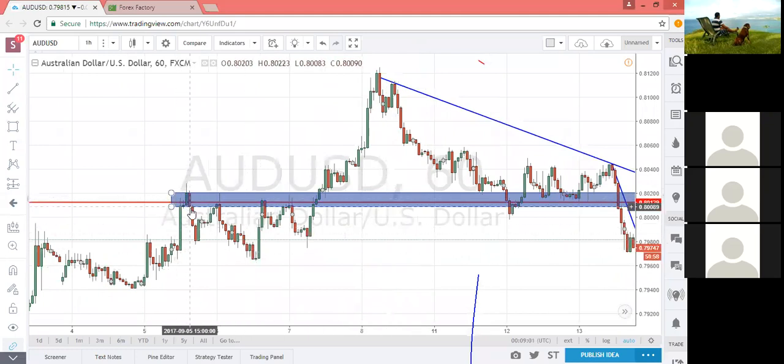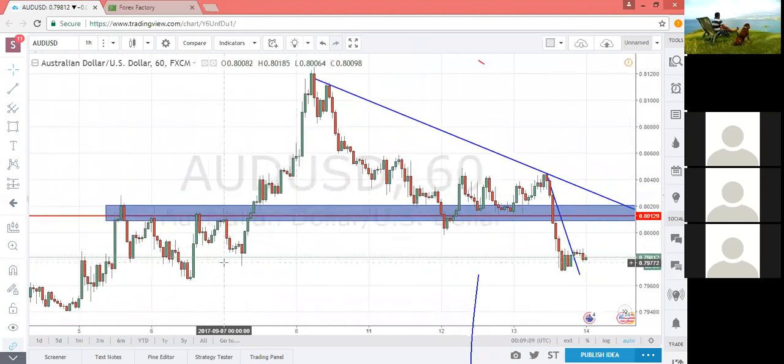So what I did is I look at how price had in the past rejected this particular area, which was an area of resistance. In the past it broke it and then turned into an area of support. So you found that the market was just chopping around, respecting this level.